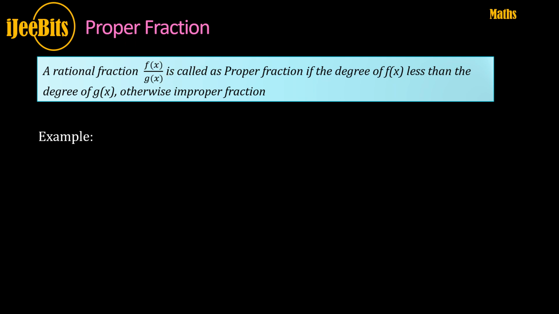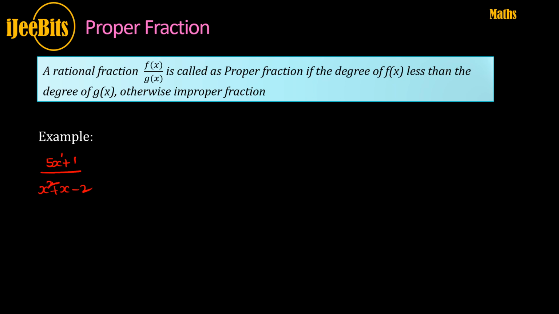So what we are saying is, you can take the previous example, 5x plus 1 divided by x squared plus x minus 2. What is this polynomial's degree? 1, x power 1. What is this polynomial's degree? 2.